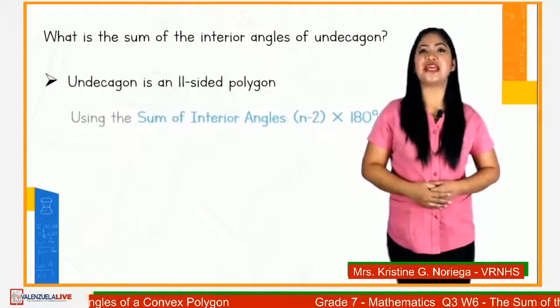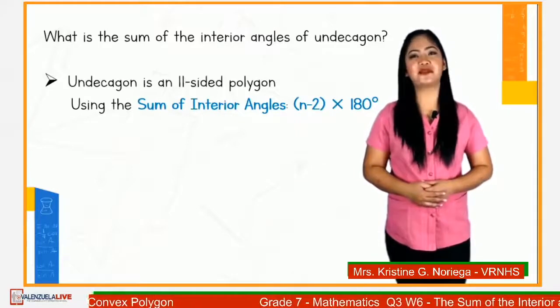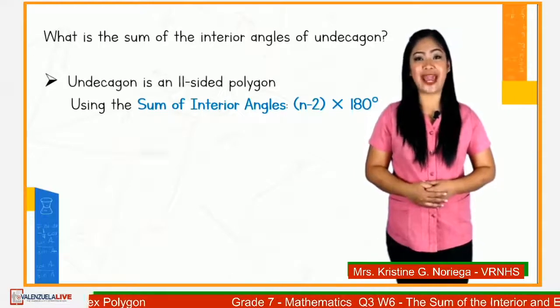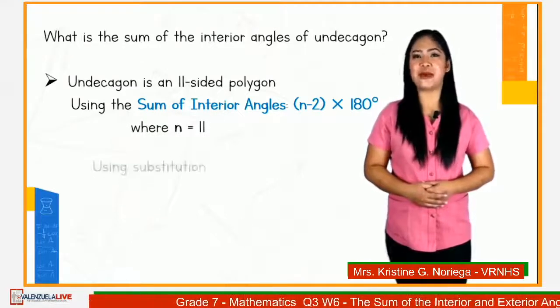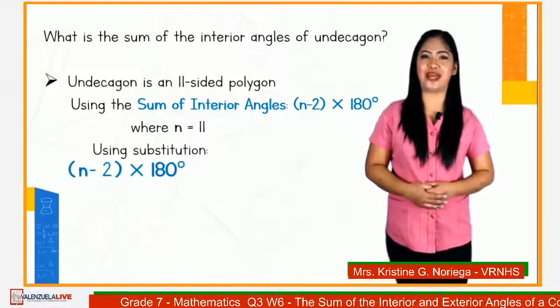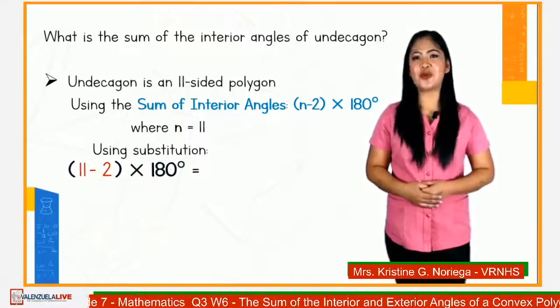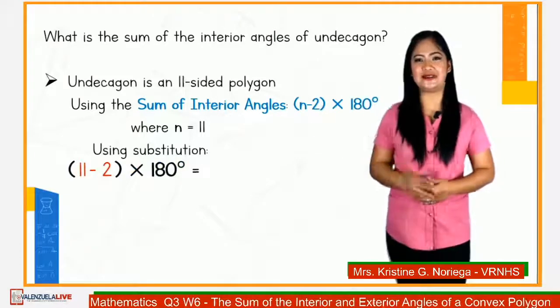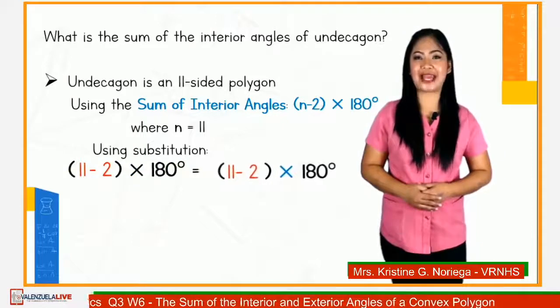So again, using the sum of interior angles, n minus 2 times 180 degrees, where n, or the number of sides, is equal to 11, by substitution, we replace n with 11, which will give us 11 minus 2 times 180 degrees. 11 minus 2 is 9.